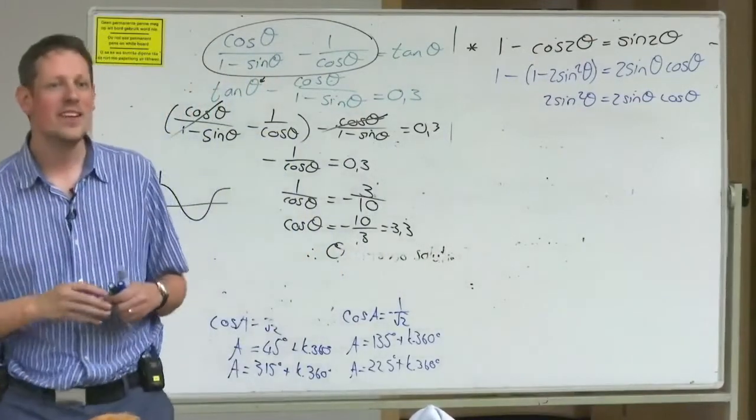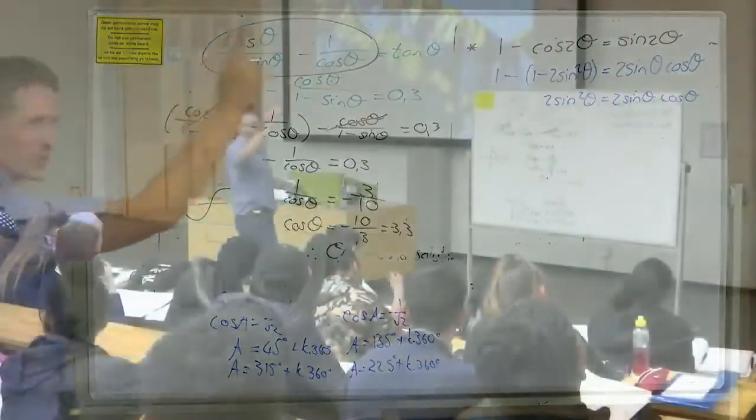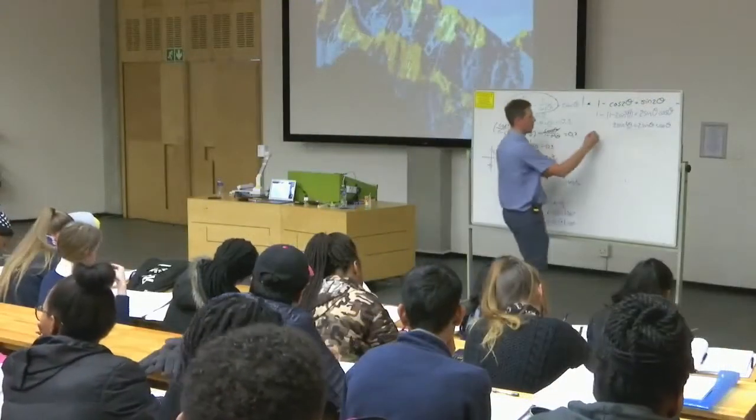Now, the question is, what kind of an equation is this? Forget about the signs now. What kind of an equation is this? It is a quadratic equation. How do I solve a quadratic equation? I get it equal to 0.